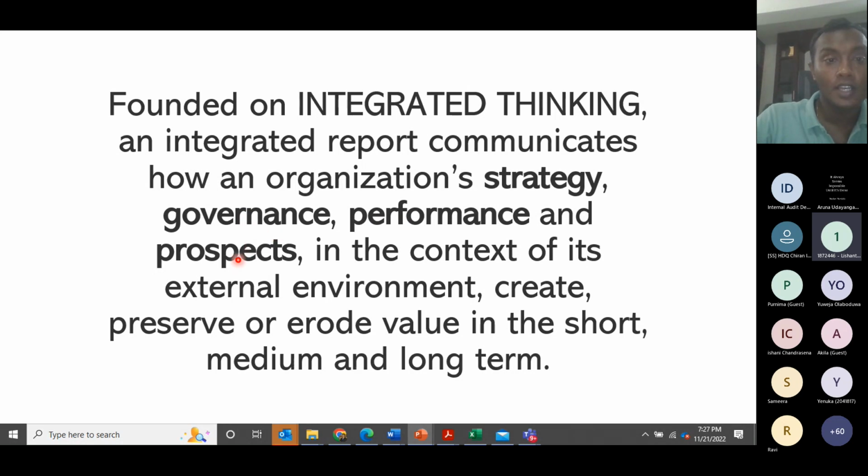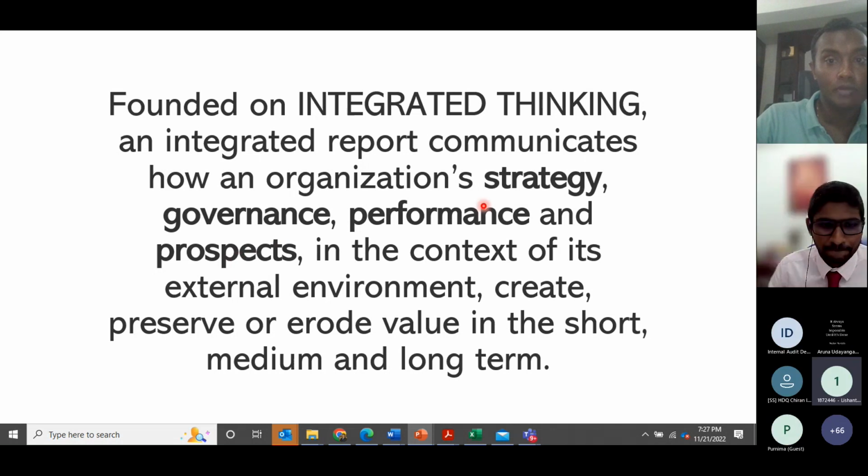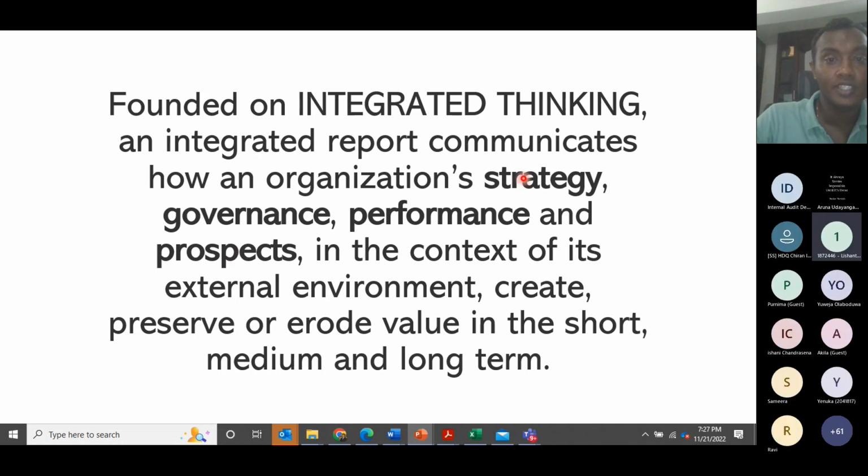Now see, in an integrated report, you should be able to show how these four pieces, right? Strategy, governance, performance is making money. Look at their performance. Revenue is down by maybe 2%, but the profit has dropped by a significant percent. One of the syllabus learning outcomes for you is to analyze and make sense of why this is happening. And actually, the case tells you that they want to investigate why this is happening.